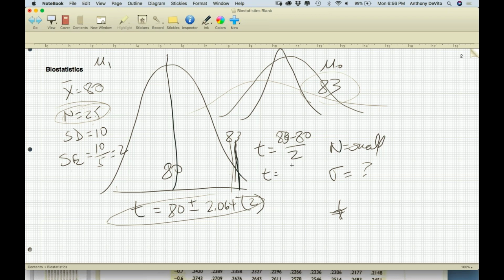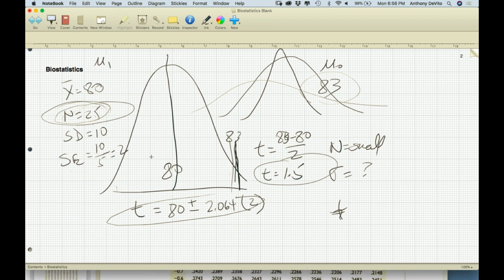So T is equal to 1.5. Did I get that right? Yeah, T is equal to 1.5. Okay, that's for a sample size of 25.